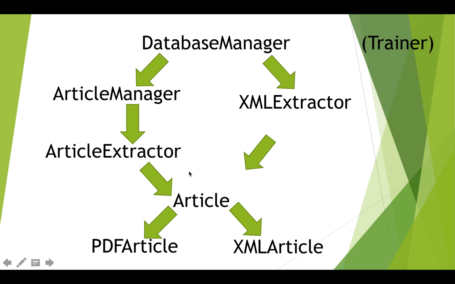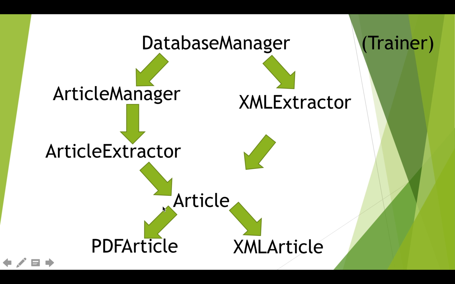Then down below that is the article extractor, which is in charge of extracting information from the text of the article itself. So the article extractor, together with the XML article, pull all of the relevant information for the RepeAT site that we're interested in.